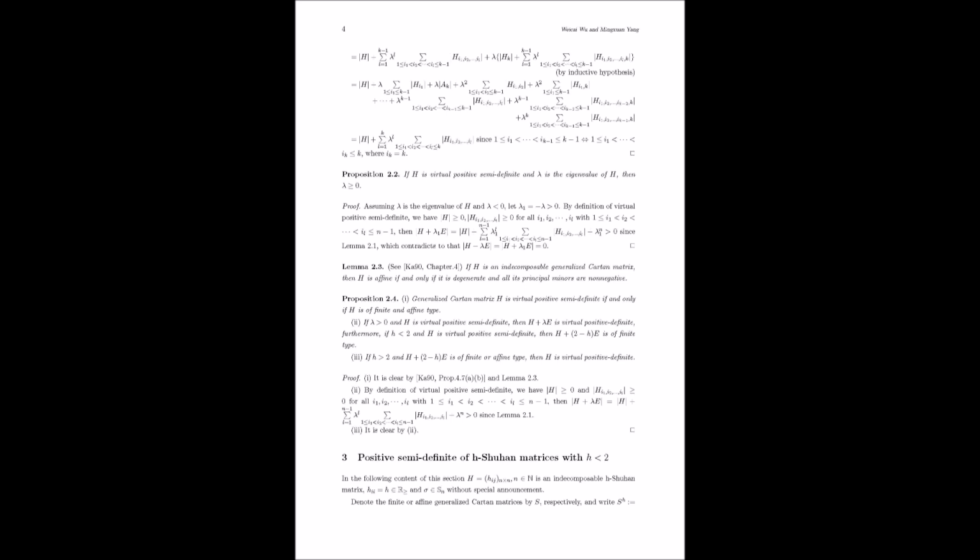Interesting. So these affine matrices are like a special case that walk a fine line between invertibility and non-invertibility. Exactly. And this lemma is crucial for understanding proposition 2.4, which really connects virtual positive semi-definiteness to the classification of generalized Cartan matrices. All right, proposition 2.4 sounds like it's getting to the heart of things. Tell me more. So proposition 2.4 is a multi-part statement that really ties a lot of these concepts together.